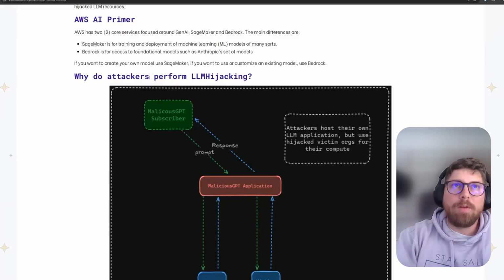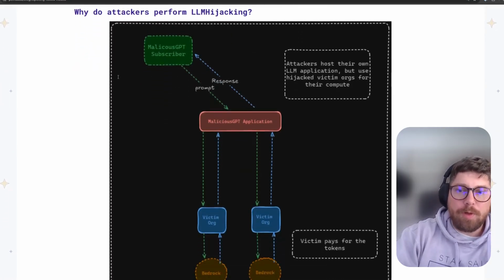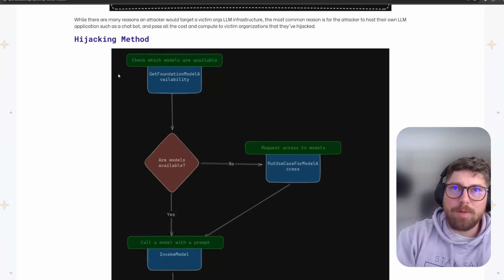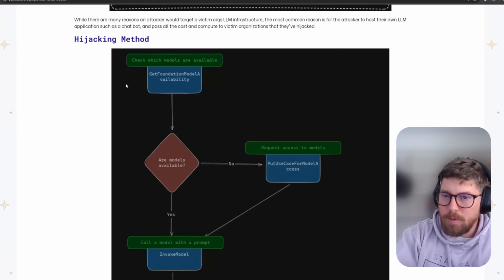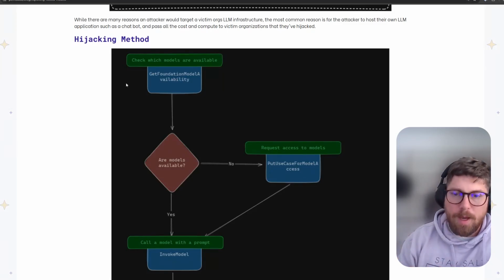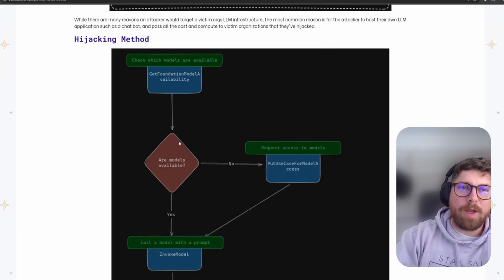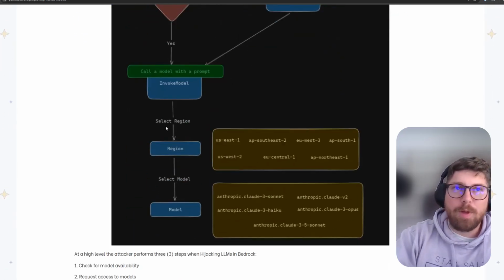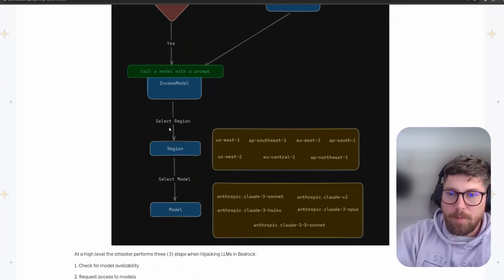But they would go and find credentials, using those credentials, see if they had appropriate access into being able to use Bedrock, which is the AWS service for hosting AI stuff. And if they were able to, they would then use AWS Bedrock on your behalf. So you would foot the bill for whatever they happen to be doing with your AI models.